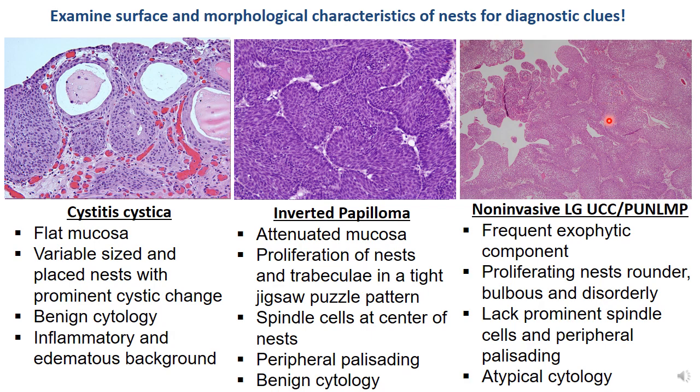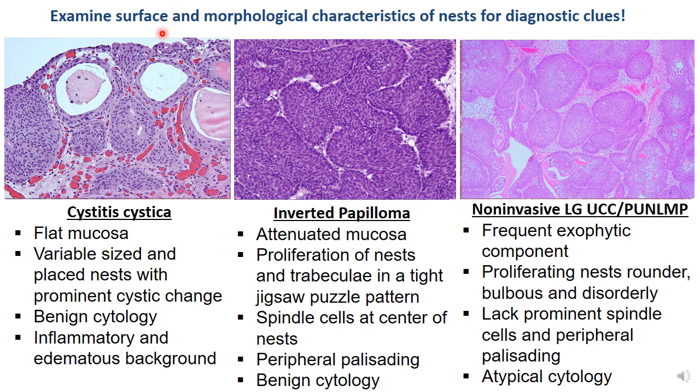Non-invasive low-grade urothelial carcinoma or non-invasive papillary urothelial neoplasm of low malignant potential with prominent endophytic growth typically has a frequent exophytic component, so they are very rarely going to be purely endophytic. Proliferating nests are typically rounder, bulbous, and very disorderly. You are going to see a lot of space between them.